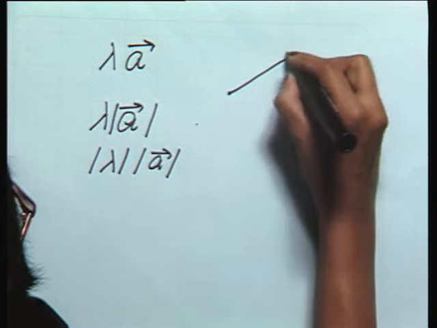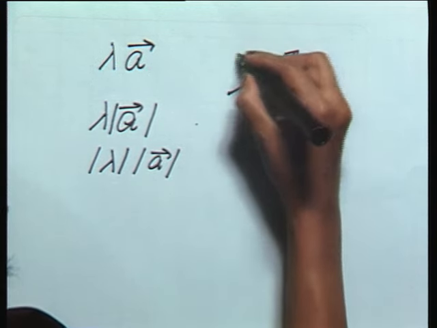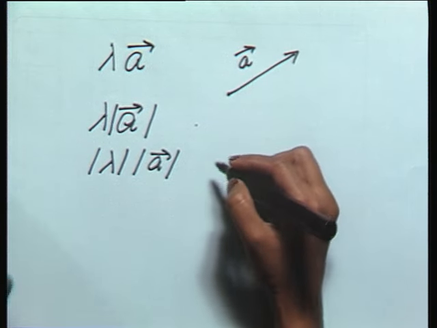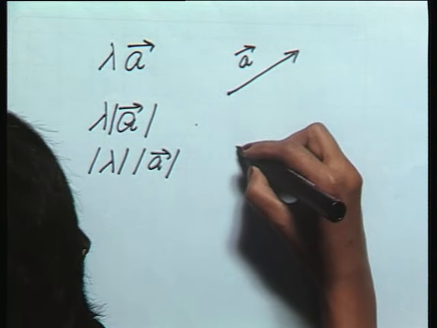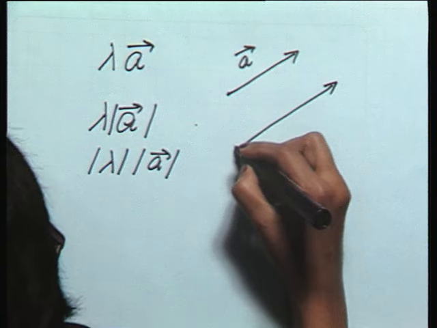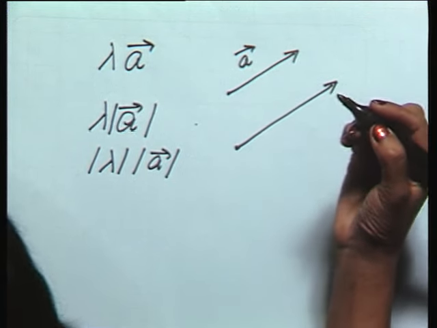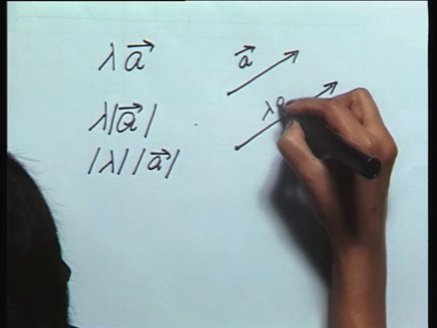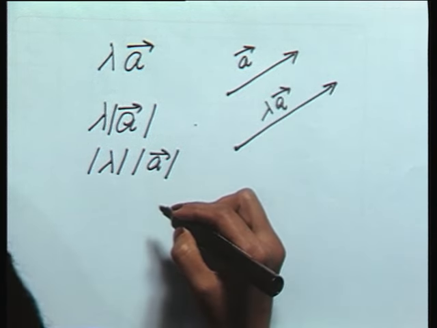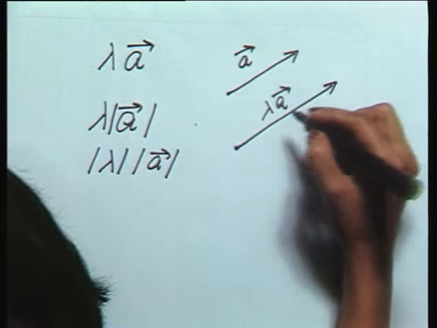If this is my vector A, then the vector lambda A would be naturally parallel to A, and its length could be smaller or greater than A depending on whether lambda is of length less than 1 or greater than 1. This would be true if lambda is positive.